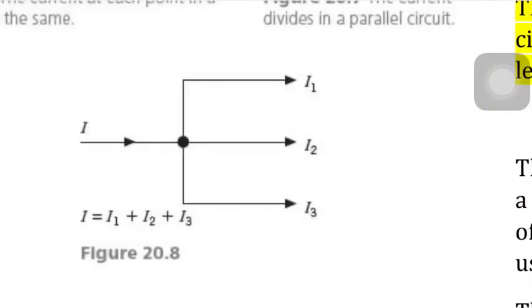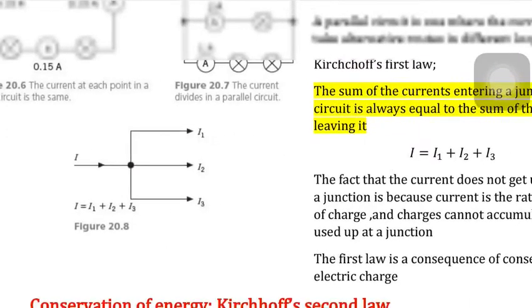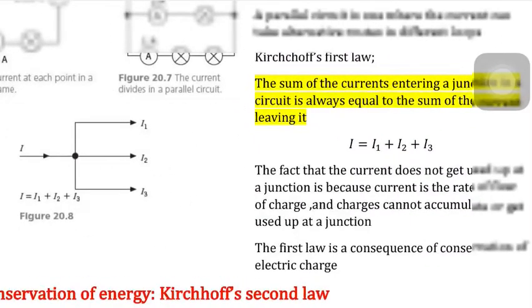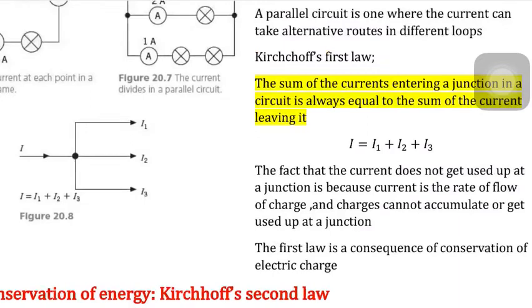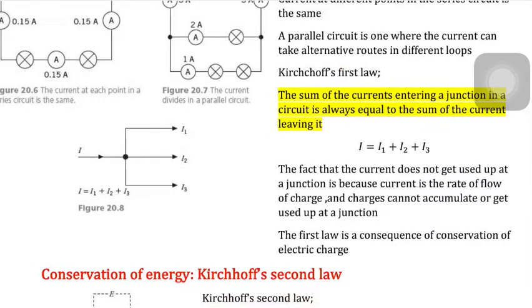If a current is coming, it gets split into 3, then it should add up: I is equal to I1 plus I2 plus I3. The current does not get used up at a junction because current is the rate of flow of charge, and charges cannot accumulate or get used up at a junction.